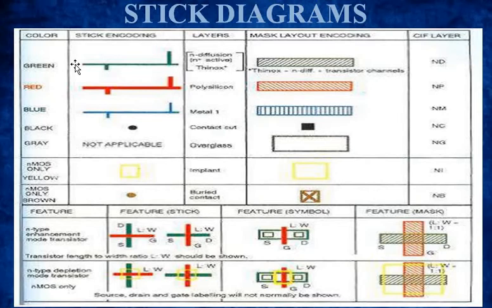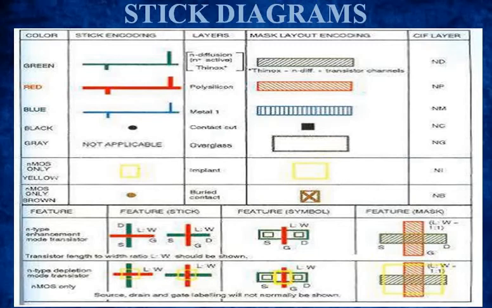This is the stick diagram, and you also have the layout diagram, where we give the proper values for everything. So we use complete mathematics here. This is the tabular column of your stick diagrams. It is very important, you might have a question regarding this. So next we'll see an example.